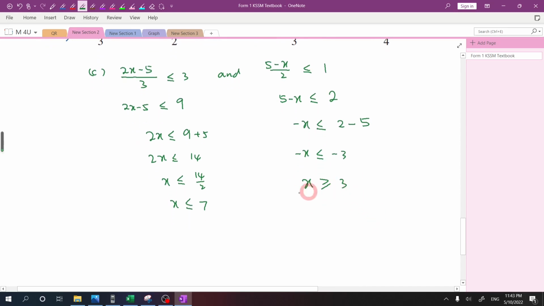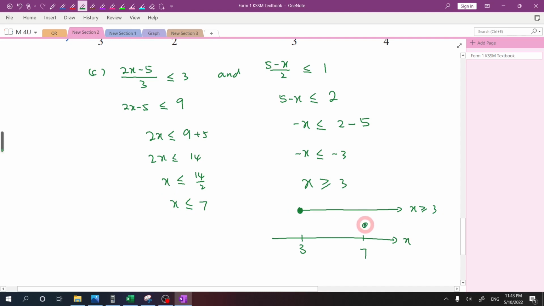Okay, now I'm going to combine these two inequalities together. We have 3 and we have 7. X is greater than or equal to 3. Draw a circle and remember to shade the circle. Include the 3. So x is less than or equal to 7.